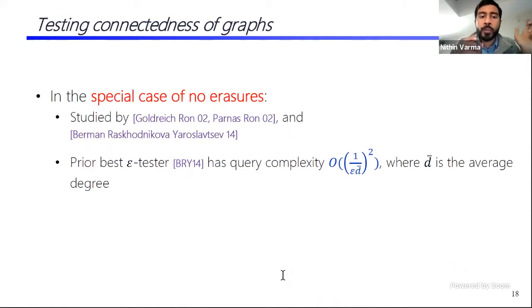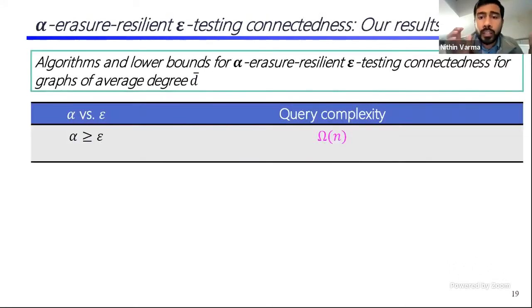In the special case of no erasures, connectedness testing has already been studied, and the prior best tester has query complexity 1/(epsilon d) squared, where d is the average degree. And here are our results. We show that connectedness testing is not always easy. Specifically, when the fraction of erasures is more than a threshold, which is the proximity parameter, connectedness testing requires a number of queries linear in the input representation.